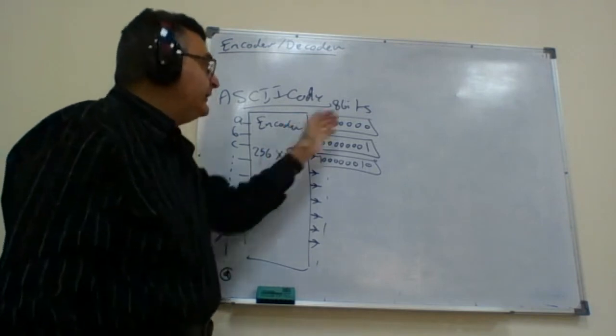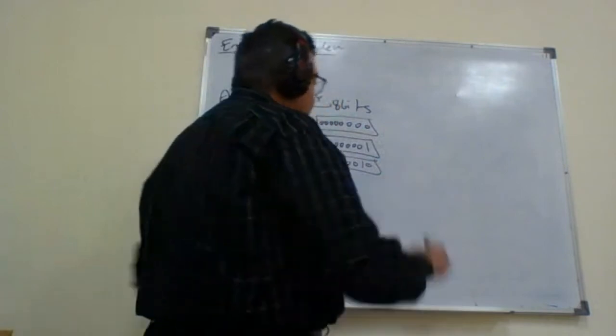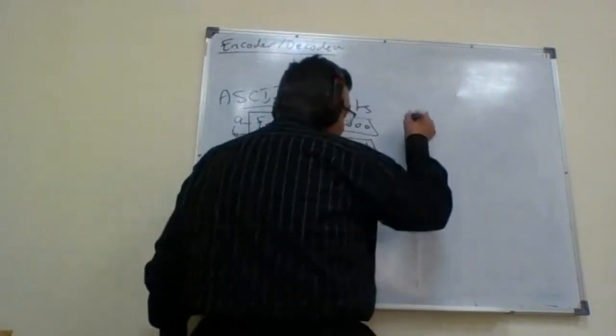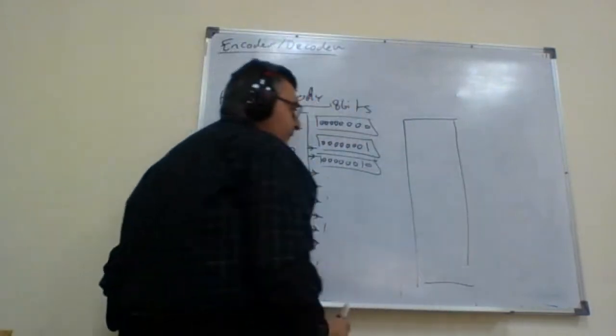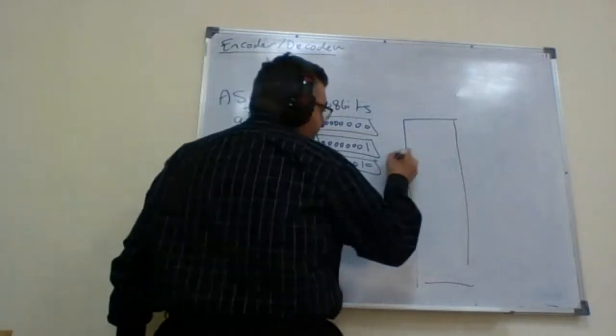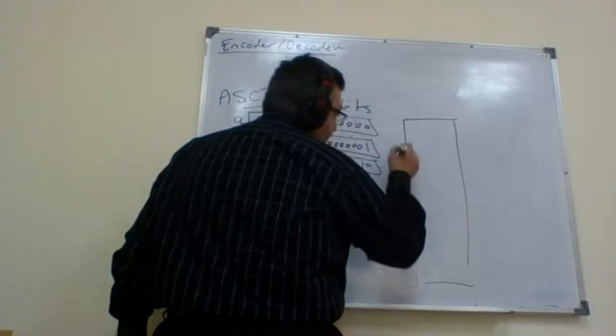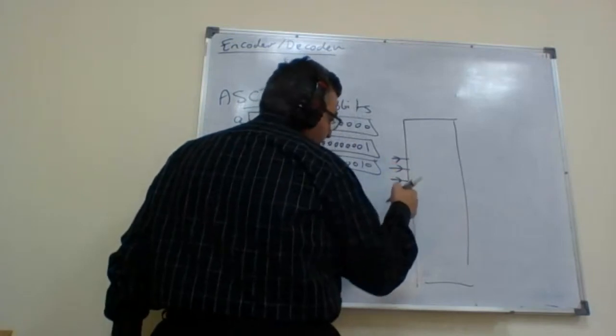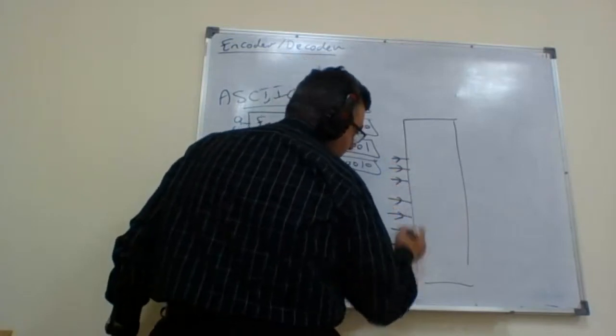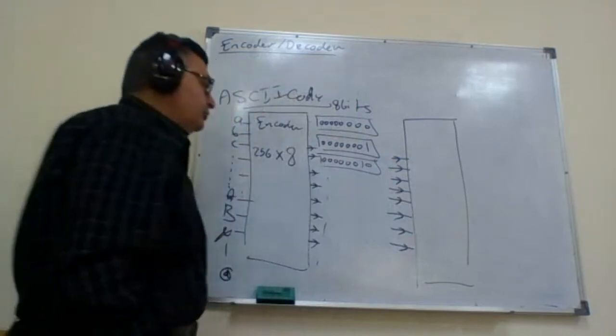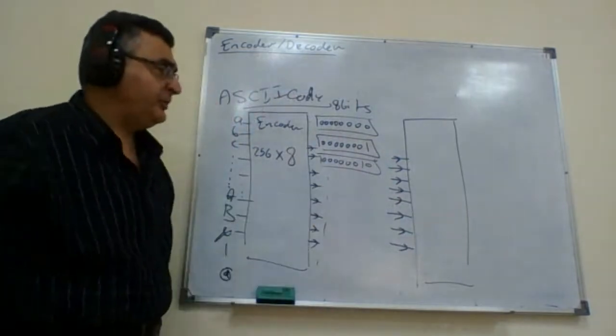Now I get that code and send it to the PC. Okay, so I have 8 wires to the PC, 8 wires connected to the PC.